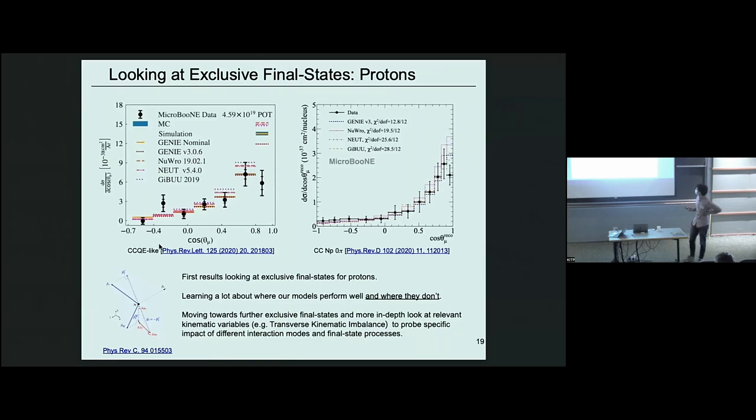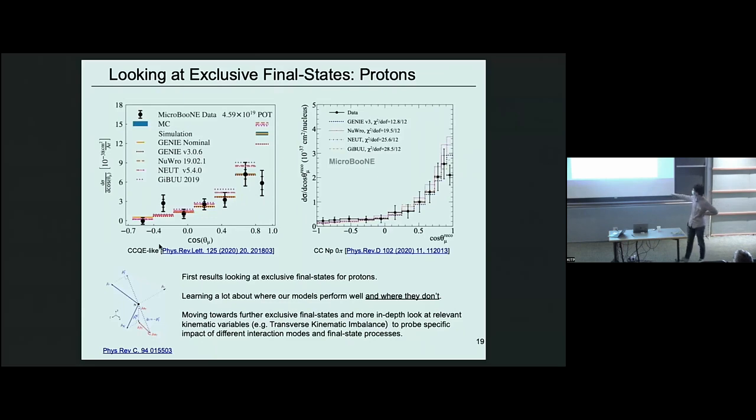One thing to look out for is that we are expanding the range of final state processes we're looking at. For example, we're working on measurements with no hadronic activity, so just the muon, or events with two protons. That's another analysis we're working on. And importantly, we're looking at a more diverse range of variables.